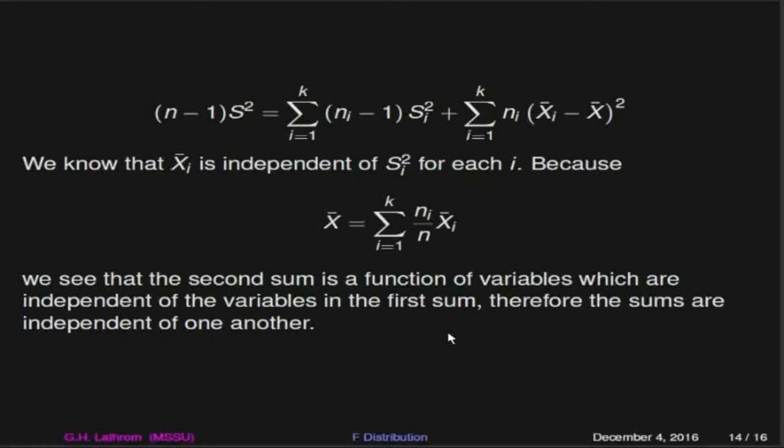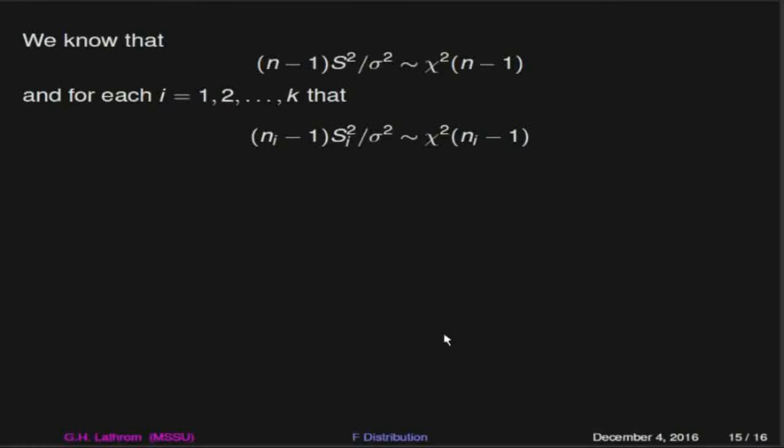And so what that leads us to is that because we know that the sample variance for the pooled sample is going to have a chi-square distribution with n minus 1 degrees of freedom, for each of the within group samples, they're going to have a chi-square distribution with n sub i minus 1 degrees of freedom.